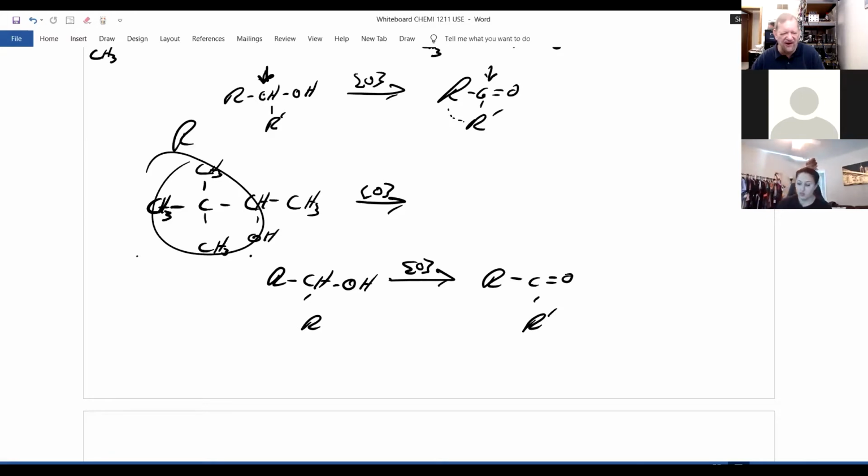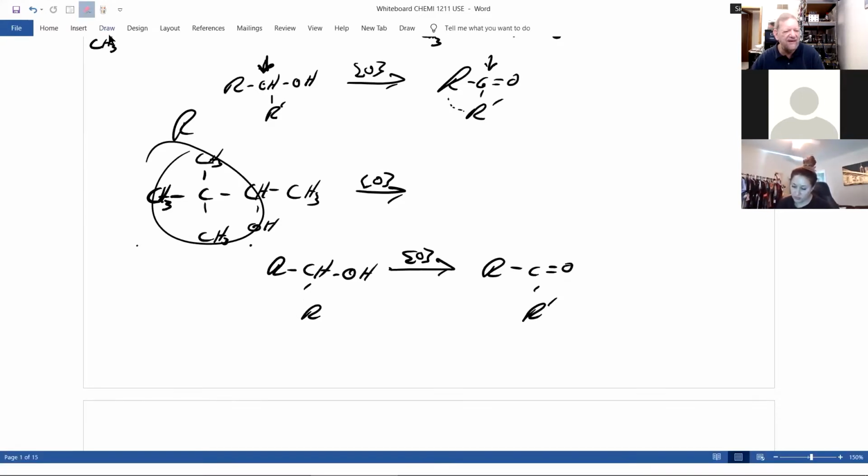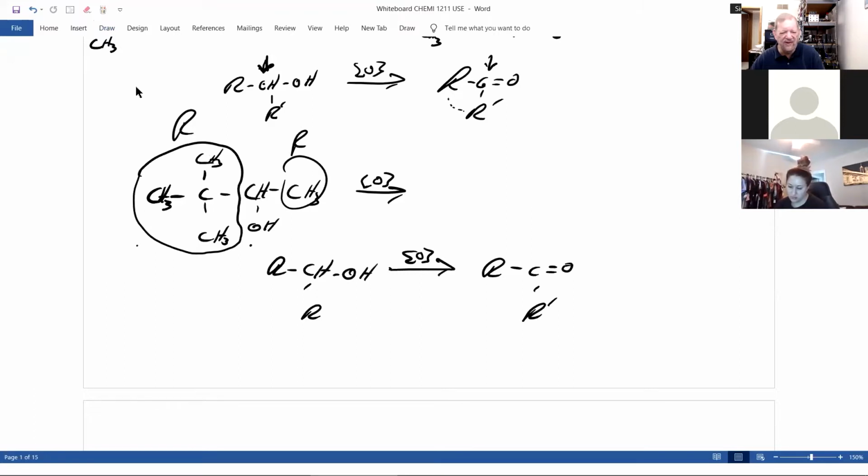One of these, this is R, not bad. It doesn't matter. And this is R prime. They're attached to this carbon, which is still attached to the same carbon. And now you can go up or down, doesn't matter. I'll go up. You're going to put the oxygen below too, same thing.